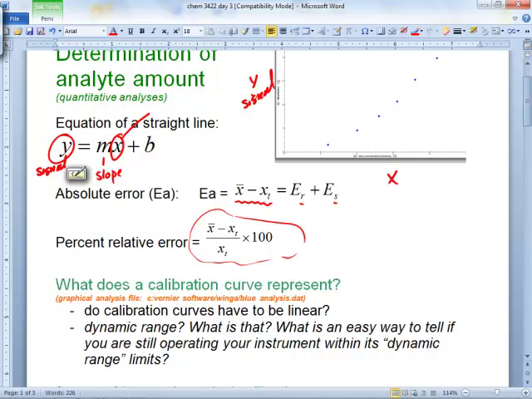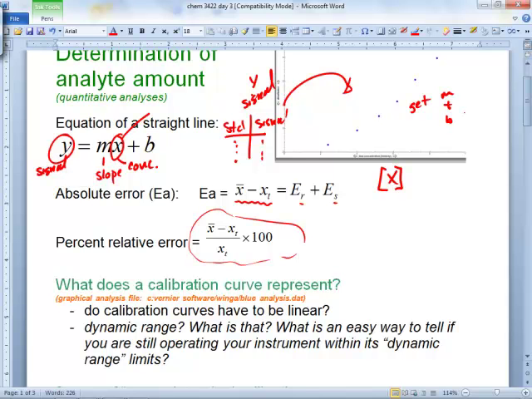Signal versus concentration, right? Signal versus concentration. So you make all these standards, right? And you get the signal, and you get all this data. And then you plot it out, right? And hopefully it's linear. And then you get your little m and your little b.